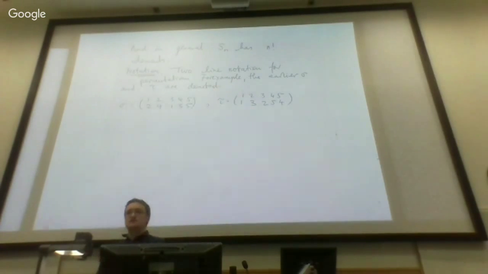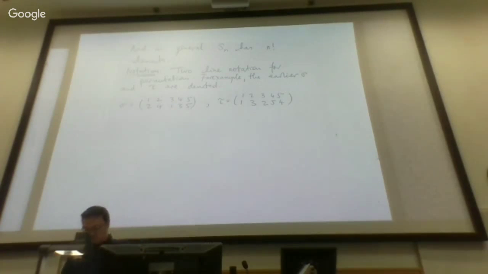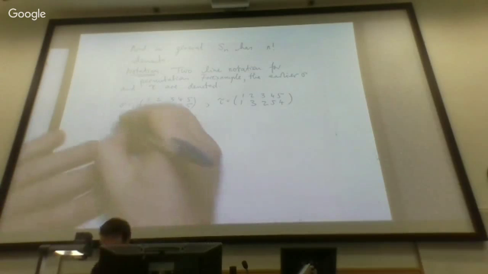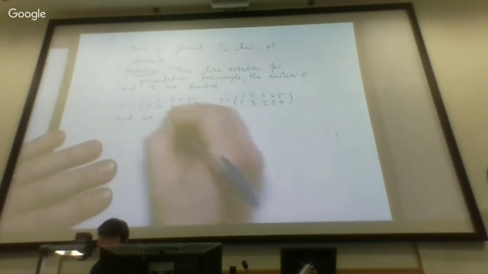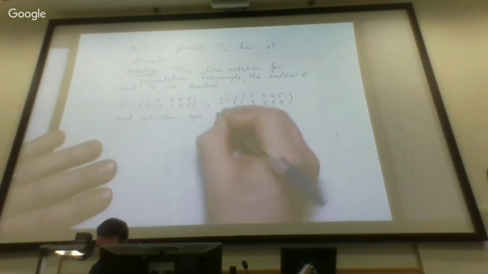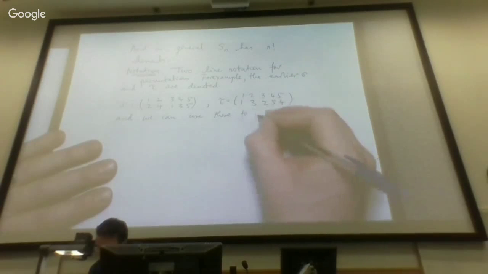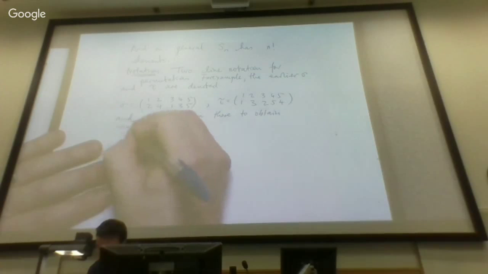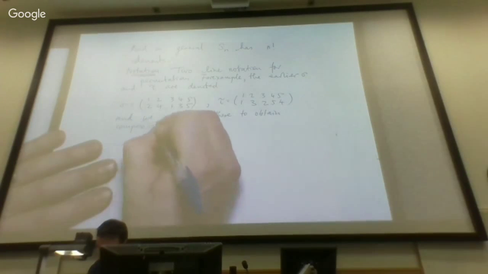We just need the associations between the arguments and values. And we can use these to obtain compositions as before.